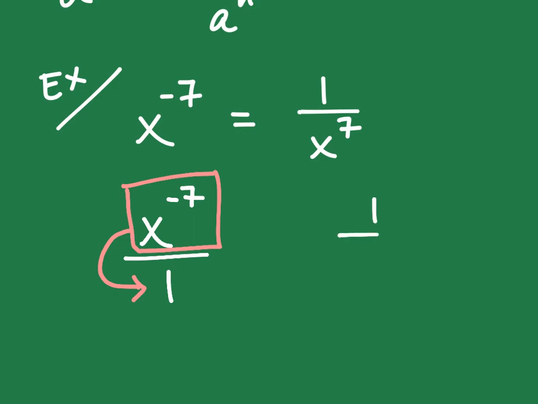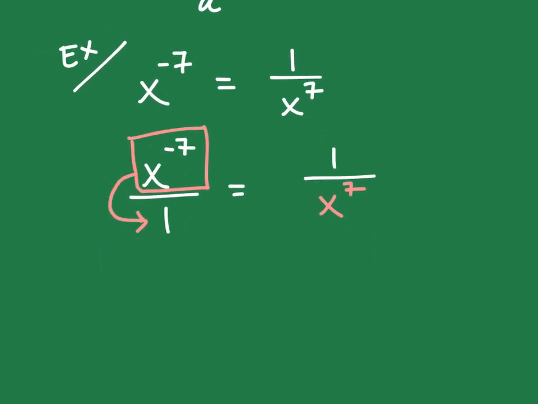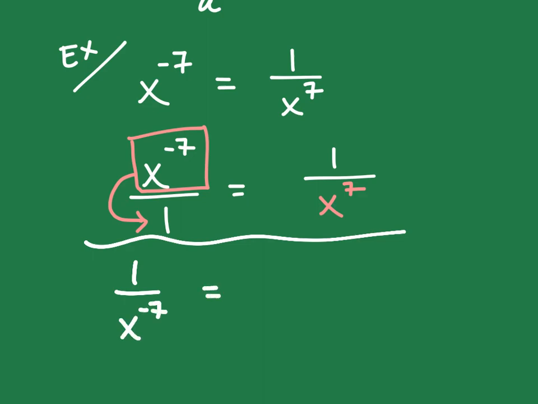And I write out 1 over x to the positive 7, okay? And that's how I think about that, because then you could also have something like this. All right, let's say you had 1 over x to the negative 7. All right, using our rule, and this is a little bit trickier to see, but you would write this as simply just x to the positive 7th power.